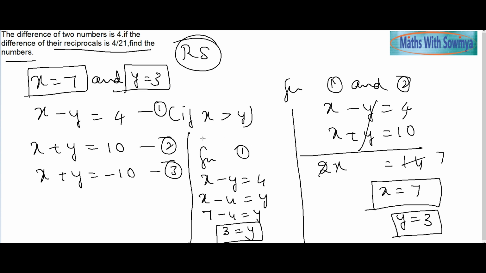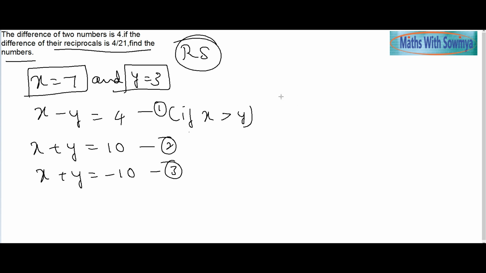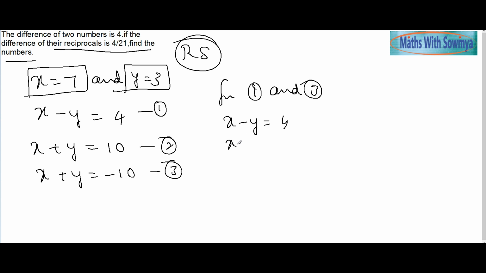Now, I take equations 1 and 3 and we will be solving in the same way, and let's see what we are going to get here. From 1 and 3, x minus y is 4, x plus y is equal to minus 10, 2x is minus 6, so x will be minus 3.